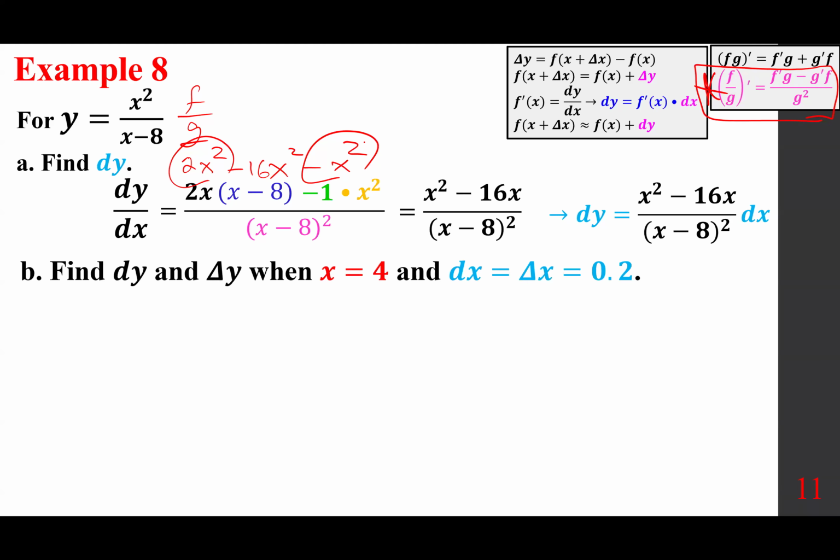Now we want to evaluate dy and delta y when x is 4 and dx or delta x equals 0.2. So it simply means replace the x here and here and here with 4 and dx with 0.2. That's for dy.